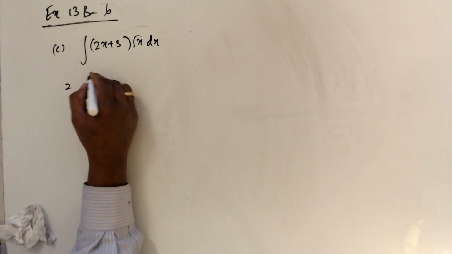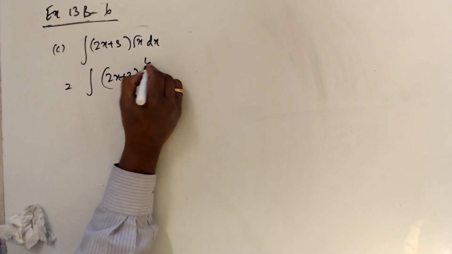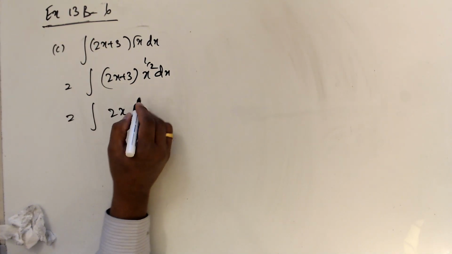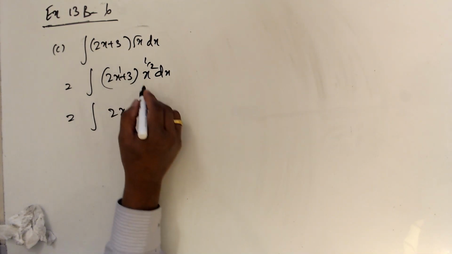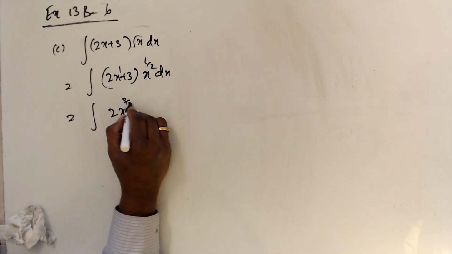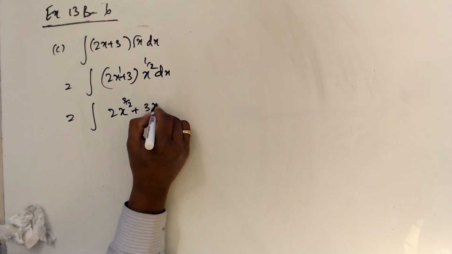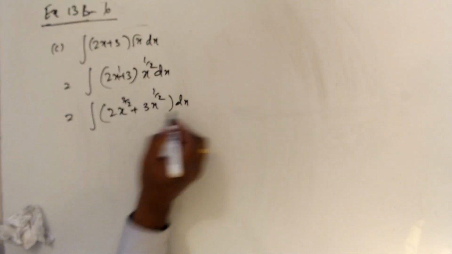So this is 2x plus 3 x^1/2 dx. Then this is 2x will expand. This is going to be x^3/2 plus 1/2 plus 3x^1/2 dx.